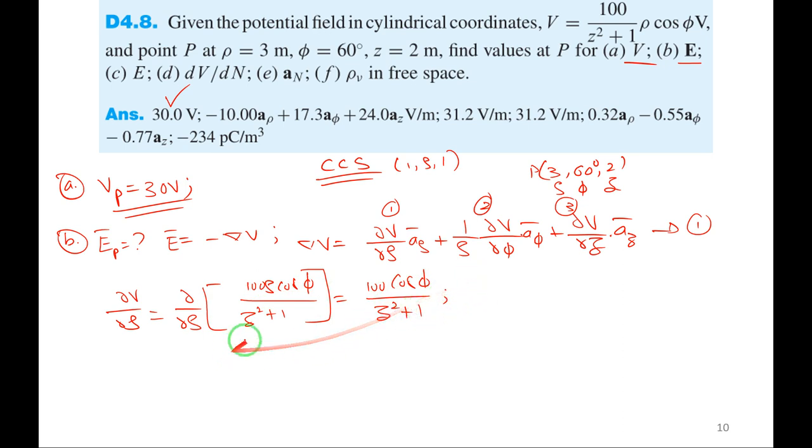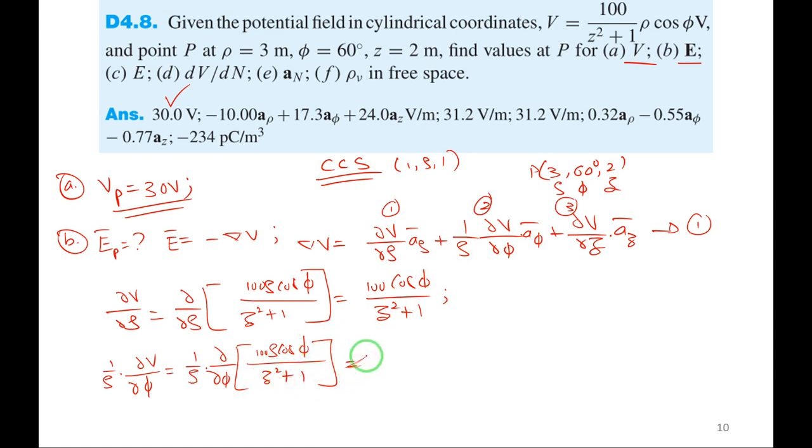Come to the second term, 1 by rho into dou V by dou phi. So that is 1 by rho into dou by dou phi of V, that is 100 rho cos phi divided by z square plus 1. If it is a very big term, better to split it and do it separately.